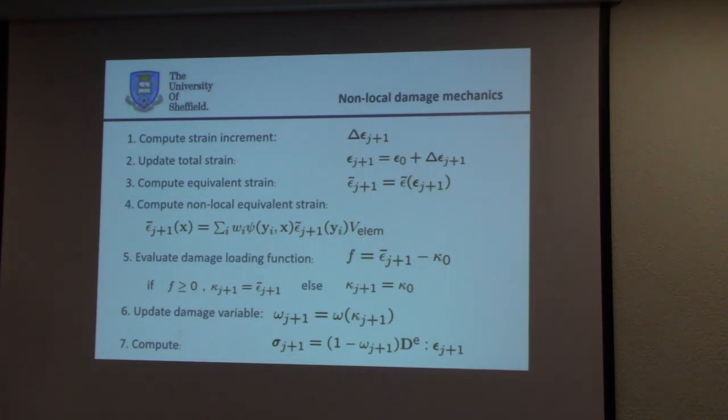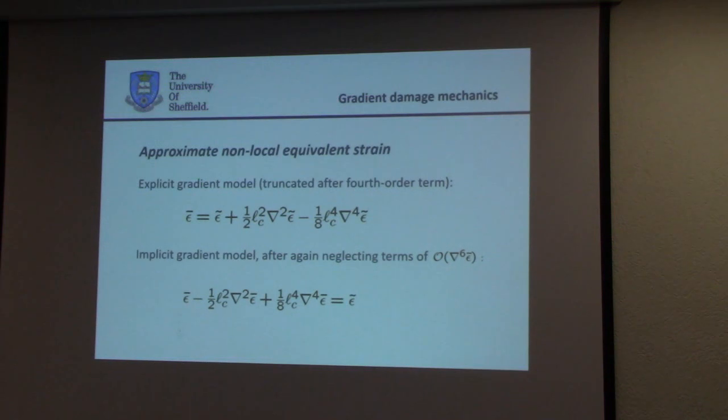I mean, you have to discretize that. Then you do exactly the same. You feed this in your loading function instead of epsilon tilde. You check it, you update kappa or don't update it. You compute omega and you compute your stress. So from there it runs exactly the same. So the interference is quite small in fact.